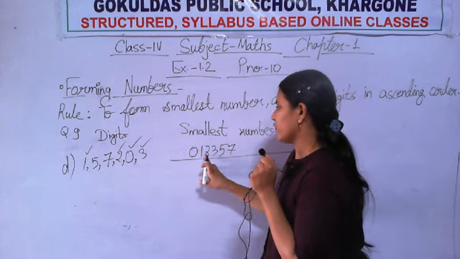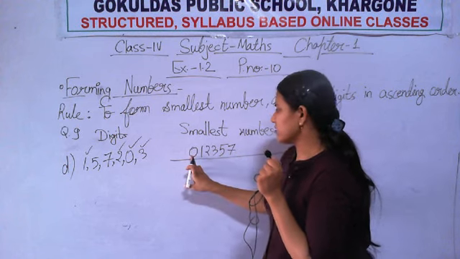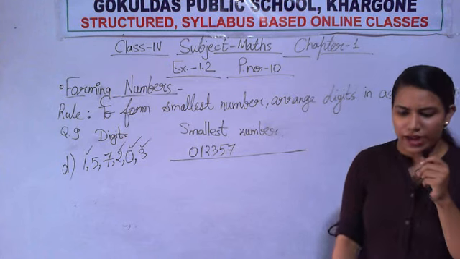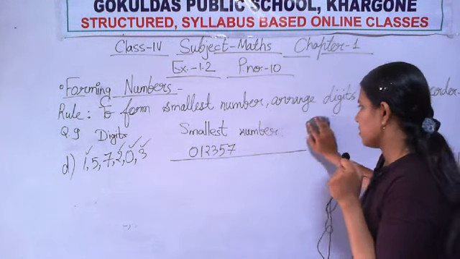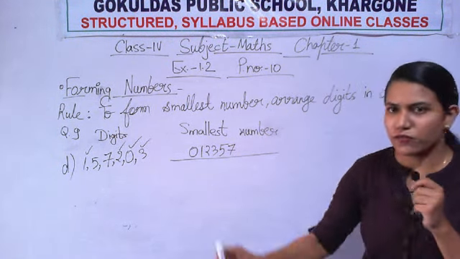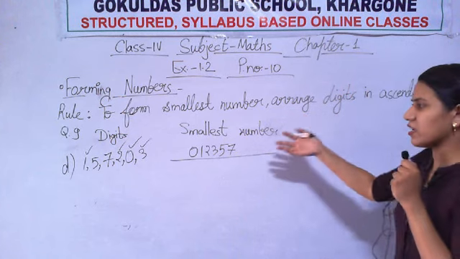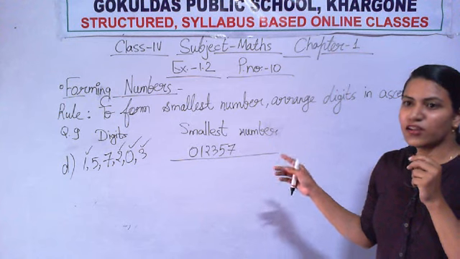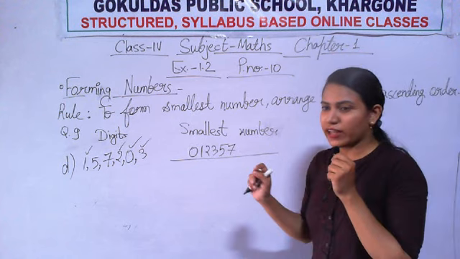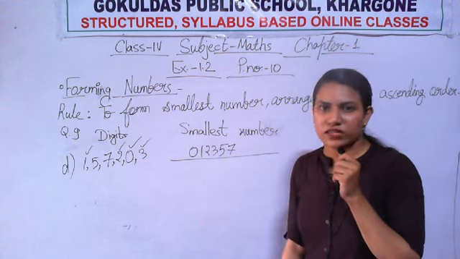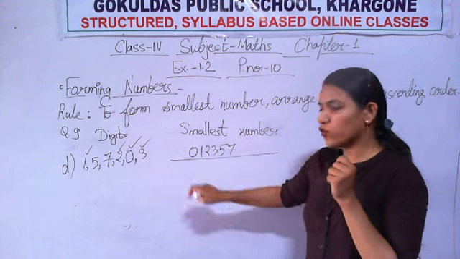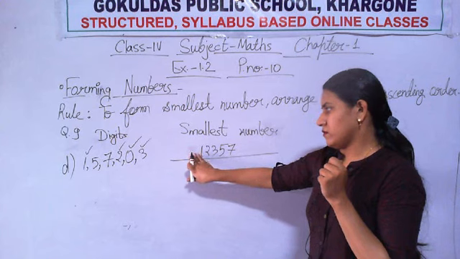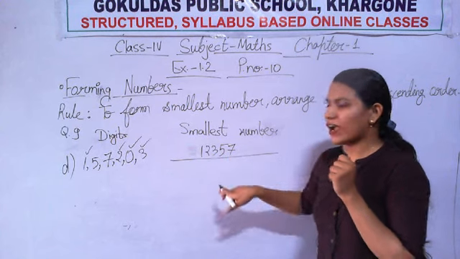Okay, 6 digits. Is it the correct way to write the smallest number? Yes, according to the definition, we have arranged the digits in ascending order. We have done this, but is it correct? No, there is one more thing. If 0 comes at the leftmost side, you have to ignore the 0. Then if I ignore the 0, it is only a 5 digit number.